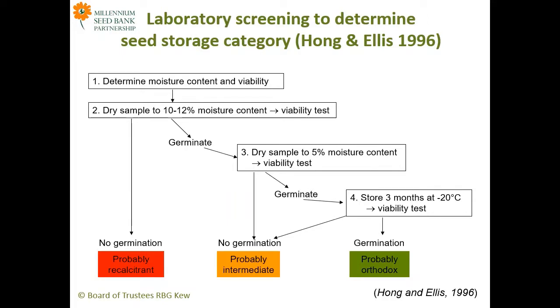I said that this is very comprehensive, and it is. The problem with this method is that you need thousands of seeds to be able to do it properly. It is therefore rather unlikely and unrealistic for many of our partners.